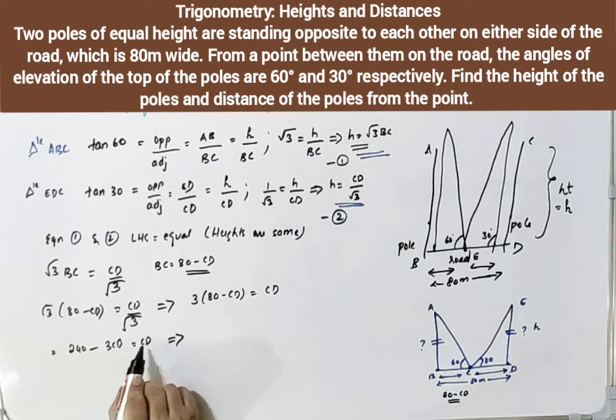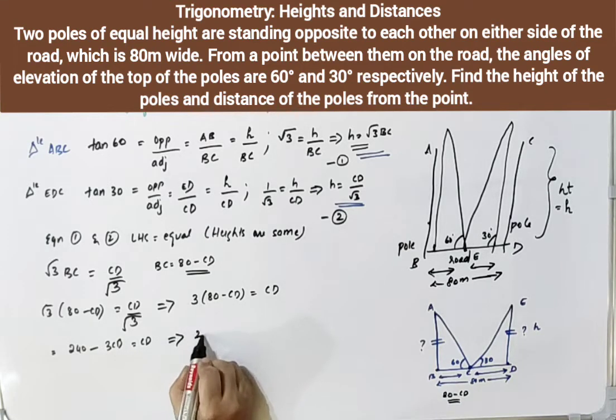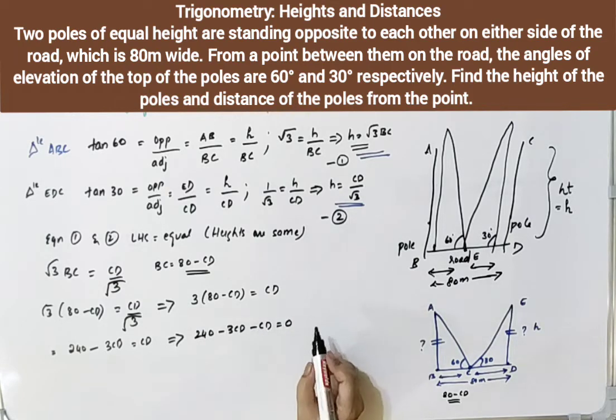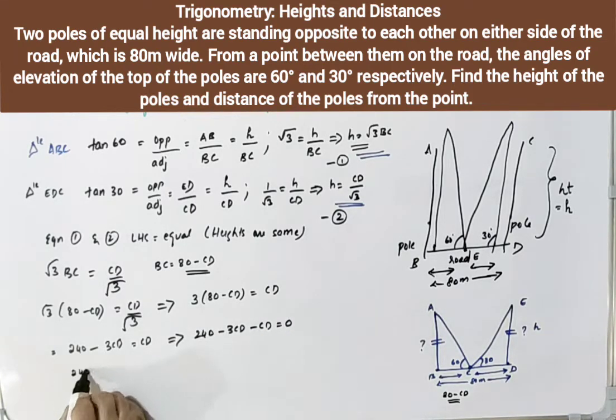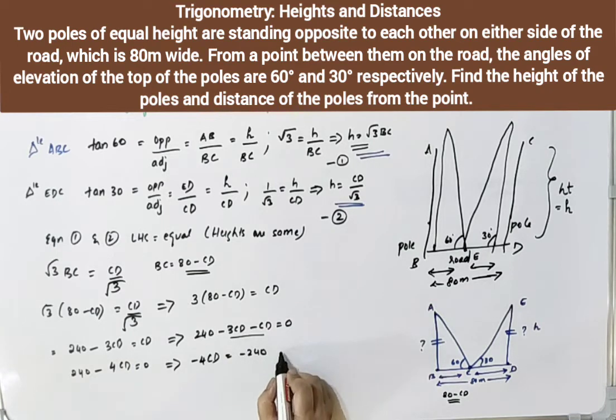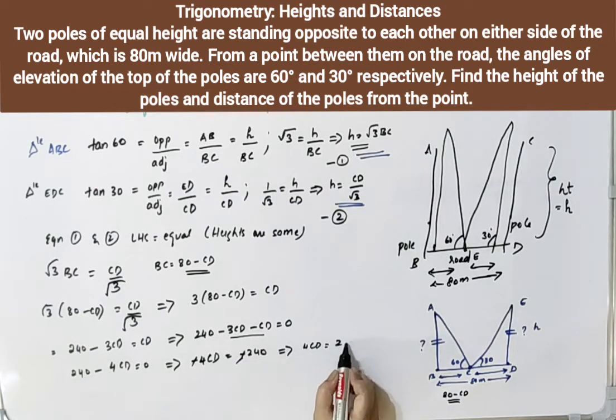Let's get CD on the other side, so 240 minus 3 CD minus CD is equal to 0, which is 240 minus 4 CD is equal to 0. Let's take 240 on the other side, it will become minus 240, and minus and minus will get cancelled. So we'll have 4 CD is equal to 240. Therefore, CD is 240 by 4, which is 60.